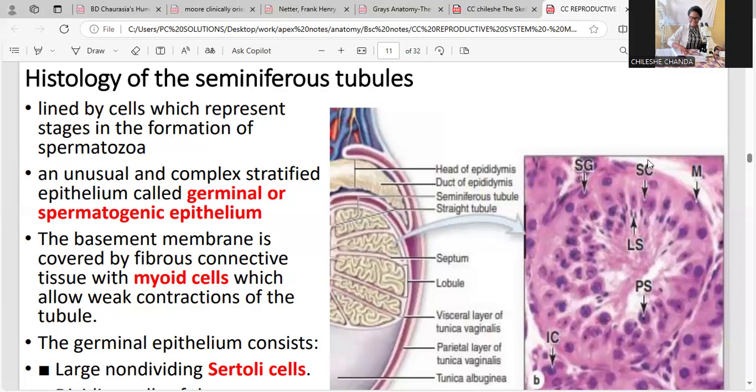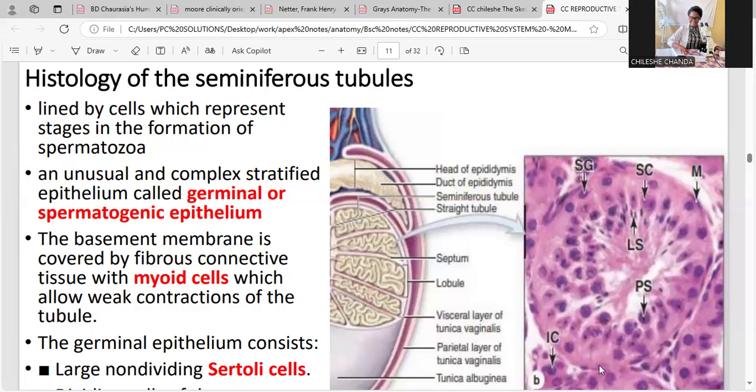And then around this epithelium, we have nice smooth muscle cells which contract in order to push the contents of the seminiferous tubules. Those cells are known as myoepithelial cells. If you look at this one, they look flat in nature.